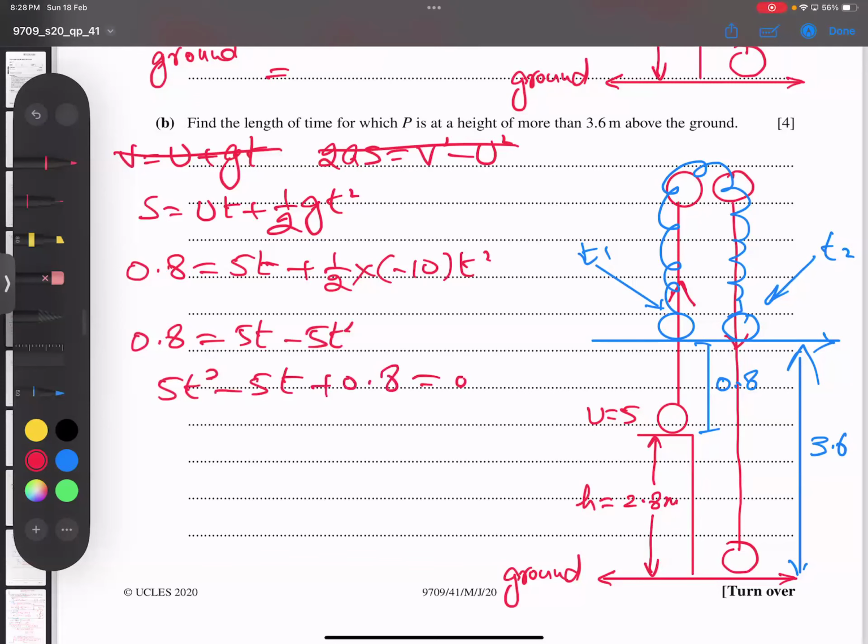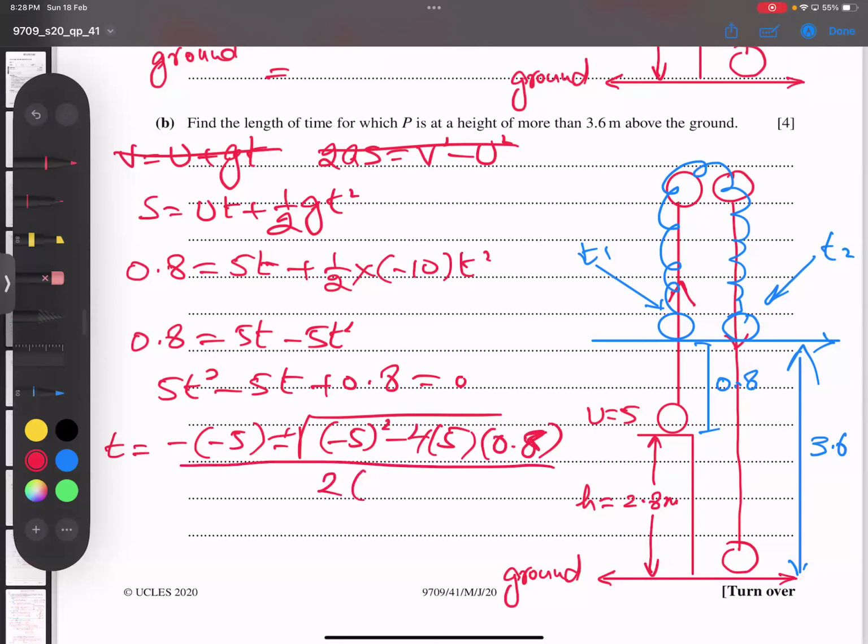Now I have two choices. I will go for the quadratic formula: minus b plus and minus the square root of b squared minus 4ac, divided by 2a. You just show this much, no need to show extra working. If I type it in the calculator, I get two answers: 0.2 and 0.8. Hold on, I repeat.